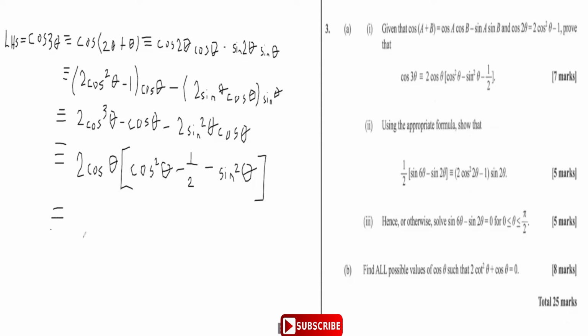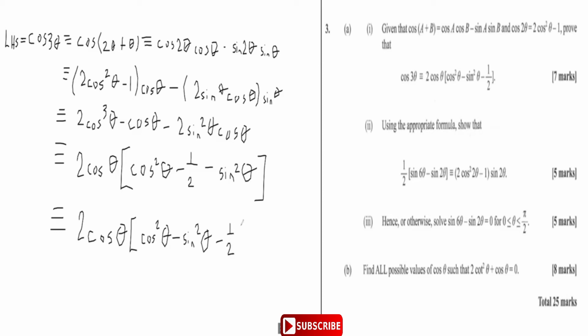We can rewrite this as 2 cos theta multiplied by cos square theta minus sine squared theta minus a half.